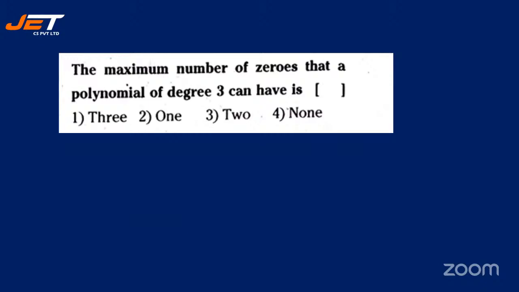The maximum number of zeros that a polynomial of degree 3 can have is dash. Is it 3, 1, 2, or none?